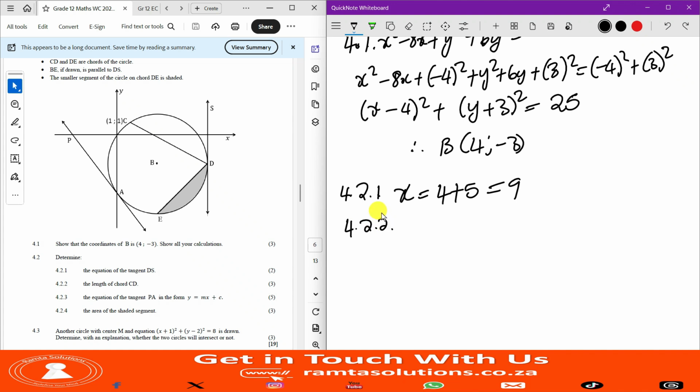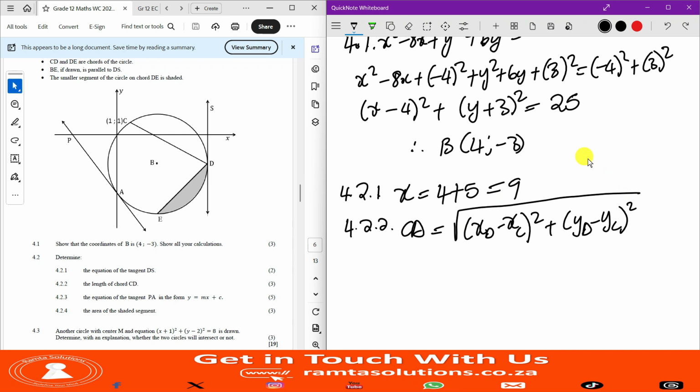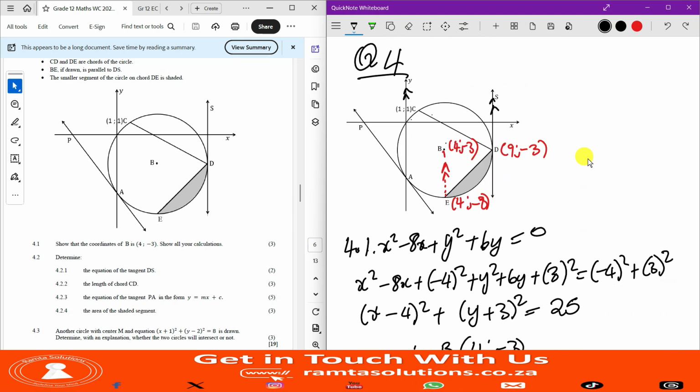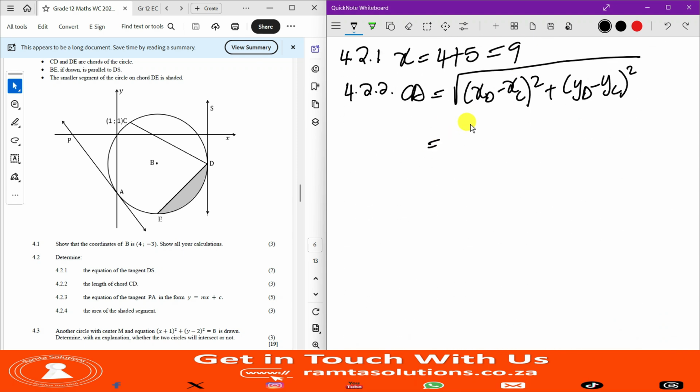4.2.2, the length of chord CD. CD will be the square root of (x of D minus x of C) squared plus (y of D minus y of C) squared. I showed that the coordinates of D are (9, -3). The x value of D is 9, the x value of C is 1; the y value of D is minus 3, the y value of C is 1.